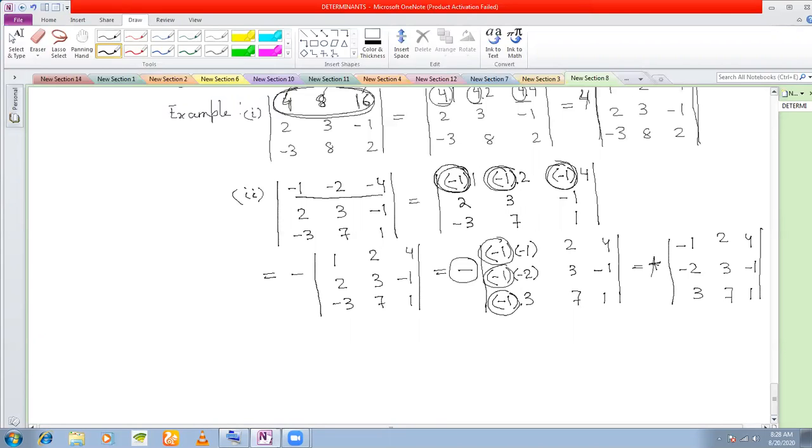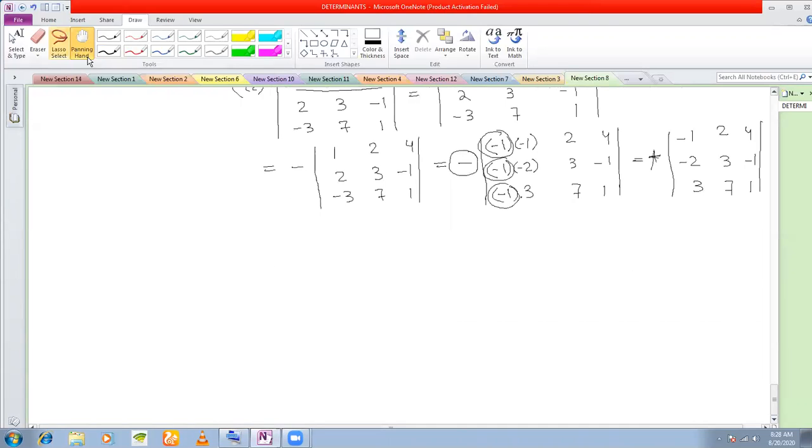Let's take another example: 8, -16, 24. Now, what do you see in the first column?